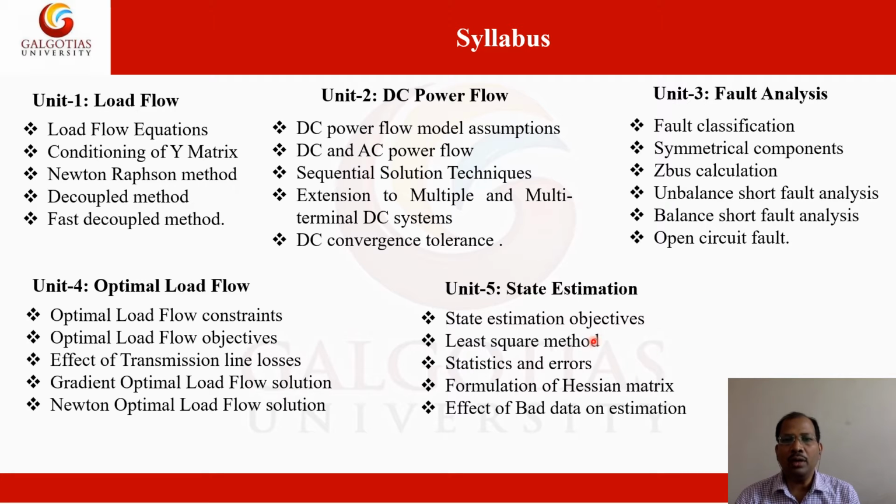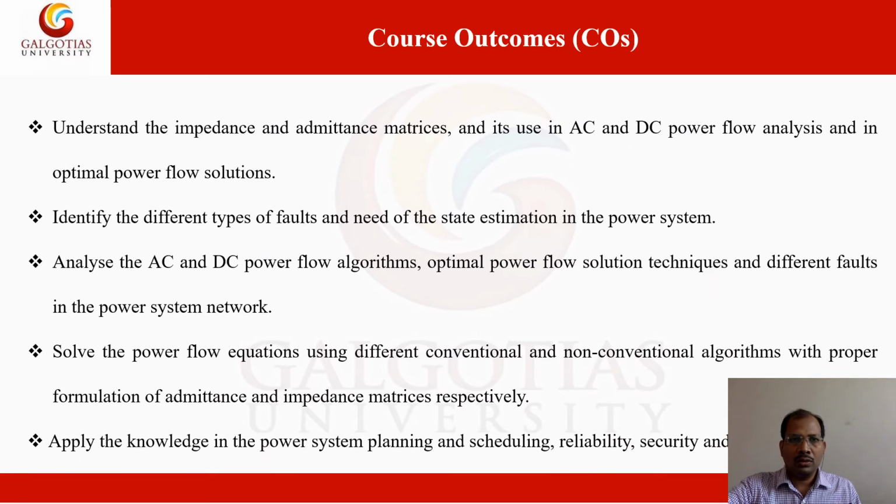So we have to filter out these data using state estimation. What are the statistics and errors in state estimation? One most important topic is the formulation of the Hessian matrix. And we are also going to discuss the effect of bad data in the estimation of the power system state.